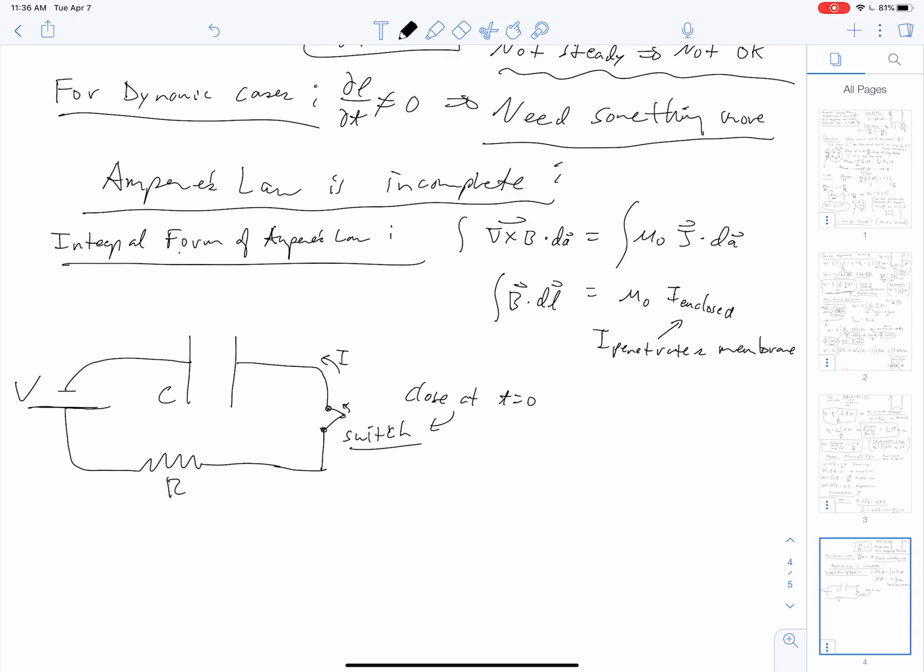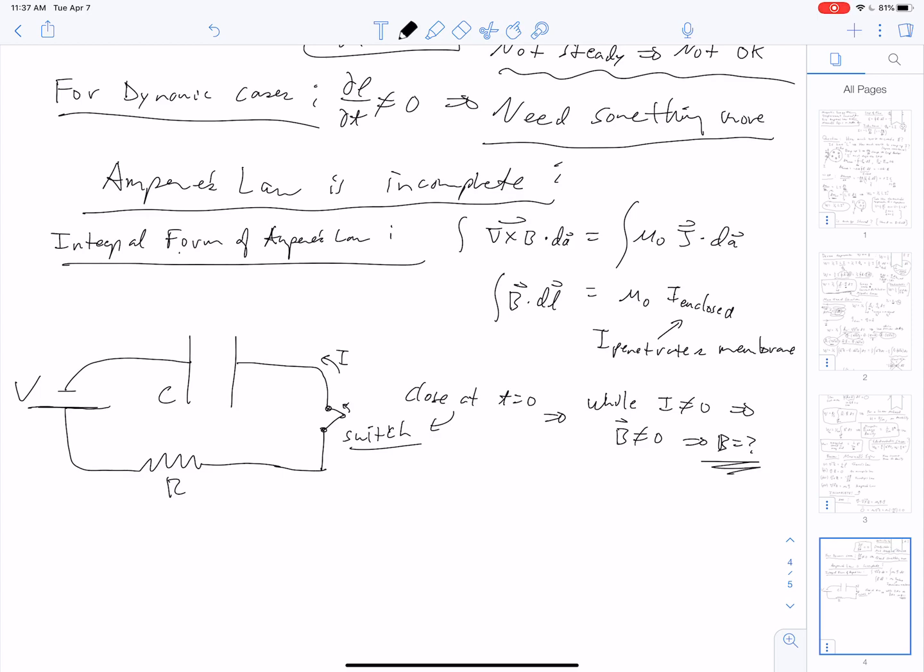So while I does not equal 0, then B must not equal 0. There must be some magnetic field around this circuit when that current is flowing. So the question is, what is B? What is the magnetic field around this circuit?